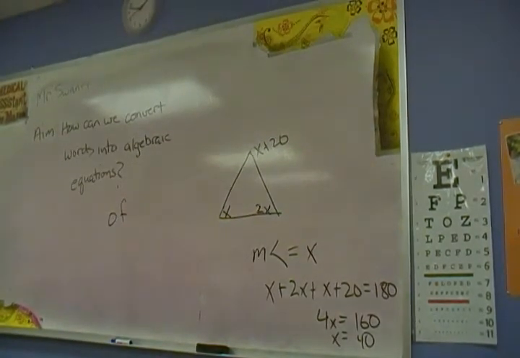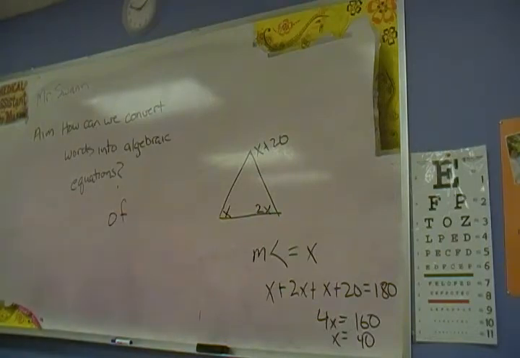Again, today we're trying to deal with, I'm going to let you guys copy that, how we can convert words into algebraic equations. And actually with that one it says, what is the measurement of an angle if one angle is twice that size and the other angle is 20 degrees more than that size?